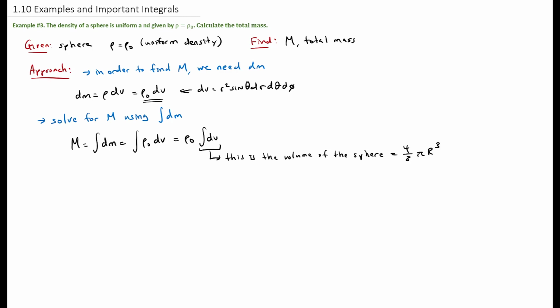We know that we have the integral of dV, so we have capital M being equal to rho naught times 4 over 3 pi R cubed. We're going to put that all together and we get 4 over 3 pi rho naught R cubed as our answer.